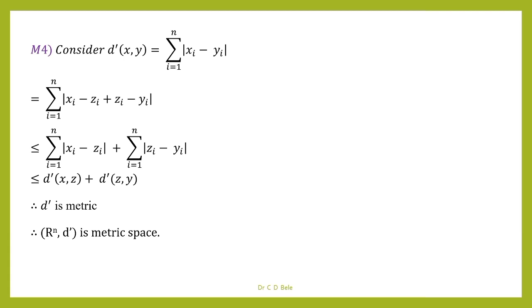Now next, triangle inequality. So consider d'(x,y). By definition of d'(x,y), we get this value: the summation of the absolute value of xi minus yi, i equal to 1 to n. Now here we have to add and subtract zi, and then by the property of absolute value, this is greater than or equal to the summation of the absolute value of xi minus zi, i equal to 1 to n, plus the summation of the absolute value of zi minus yi, i equal to 1 to n.